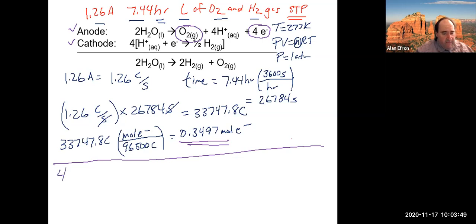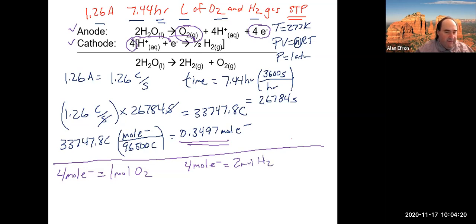We could also look at the other half reaction, and we do have a 4 on the outside, so if we distribute that 4 into everybody, that gets us that for 4 moles of electrons, there are 2 moles of H2.